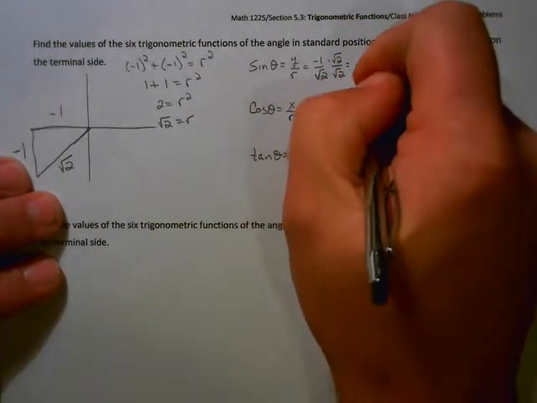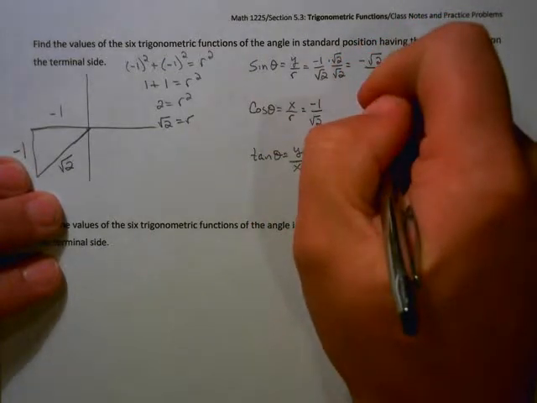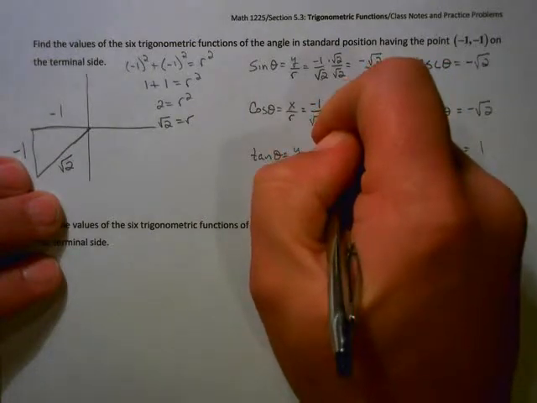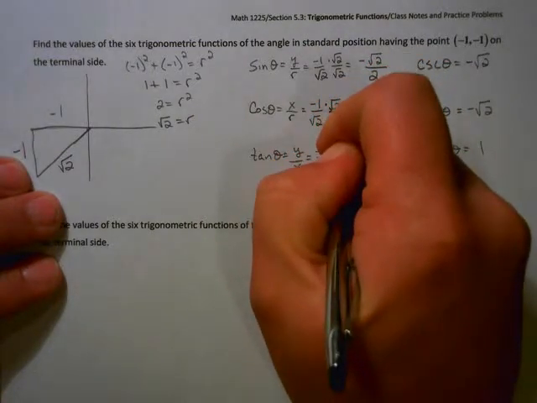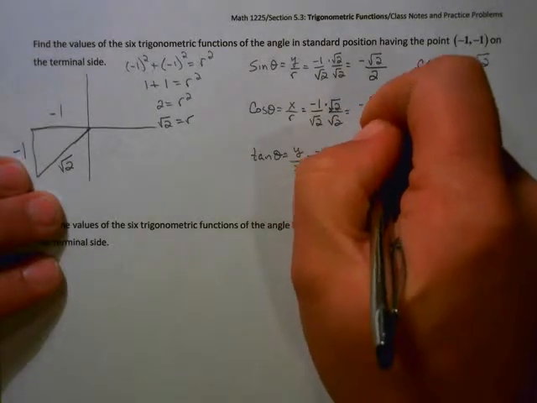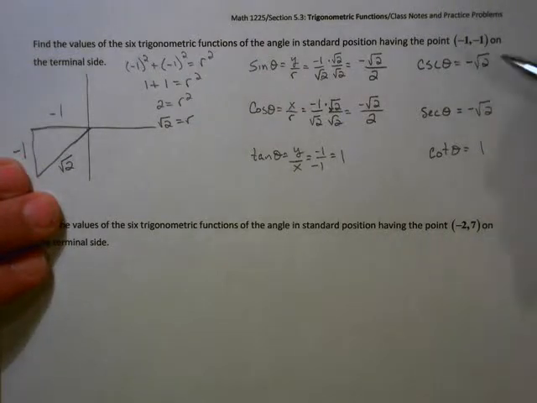So this is going to be negative square root of 2 over the square root of 4, and the square root of 4 is 2. We're going to multiply by the square root of 2 over the square root of 2. We're really just multiplying by 1. And again, we get negative square root of 2 over the square root of 4, which is 2.